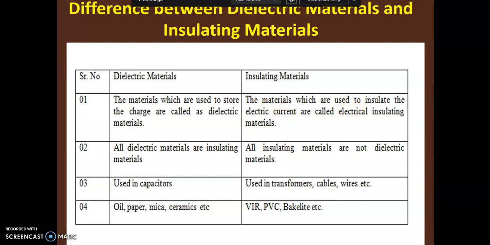So the material through which current is opposed, current flow is resisted, will insulate the current. So what are the insulating materials?